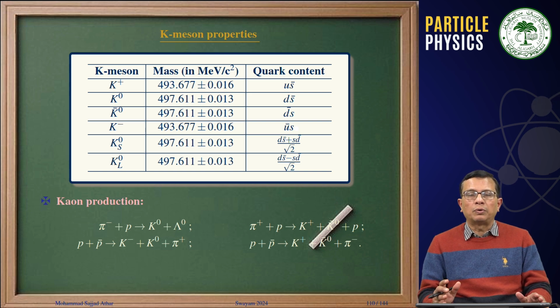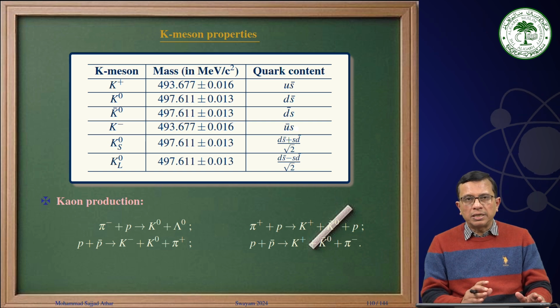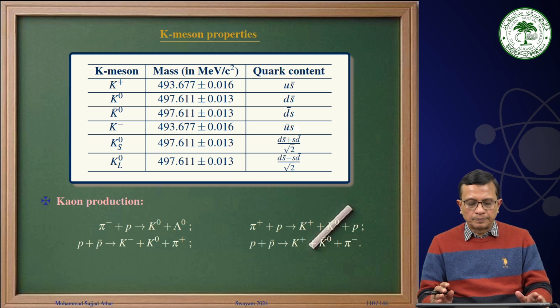S stands for short-lived kaons and L stands for long-lived kaons. And these are the decay modes of the kaons. Therefore, we have the production states as K0, K0 bar, then the propagation states K10, K20, and the decay states are KL0 and KS0.